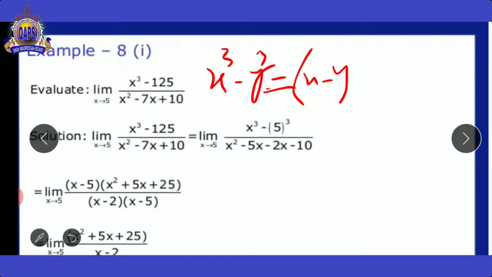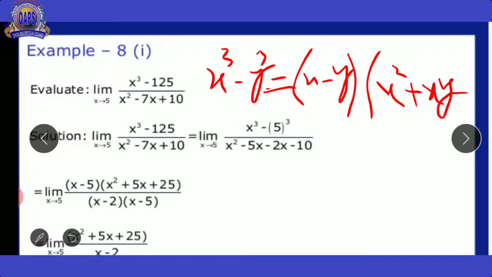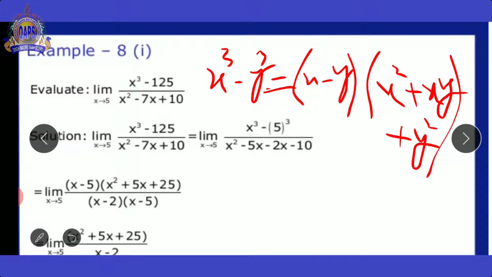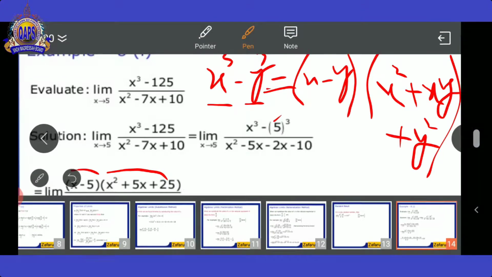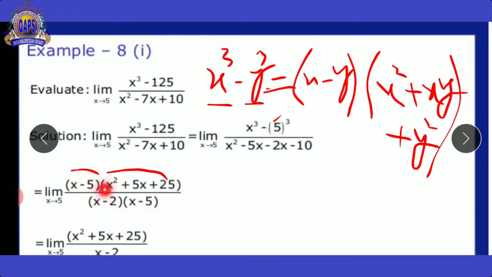x minus y and x square plus xy plus y square. So this formula is created here, because in the place of x we put x, and in the place of y we put 5. So in this situation the whole function is created.